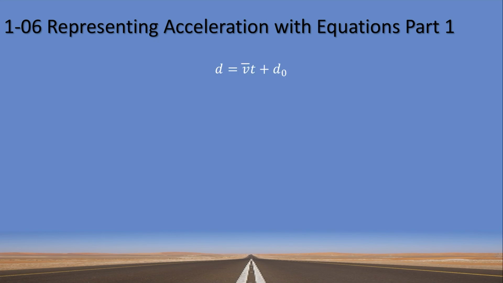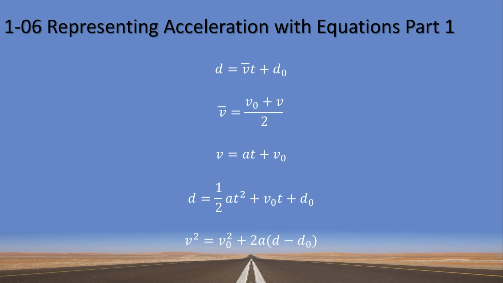So in summary, we have 5 equations. These 5 equations can solve most kinematics problems. These two usually work together, so it's more like we have 4-ish, and each of them is missing something.